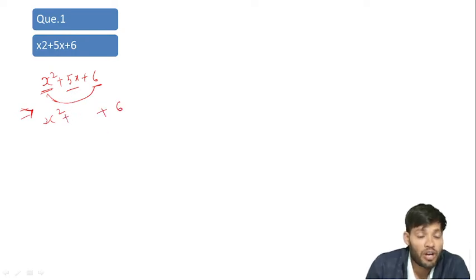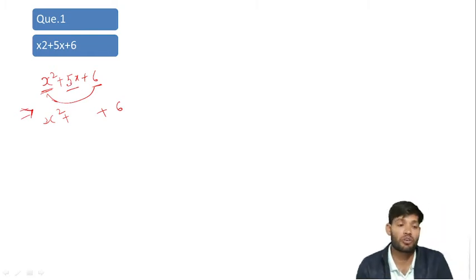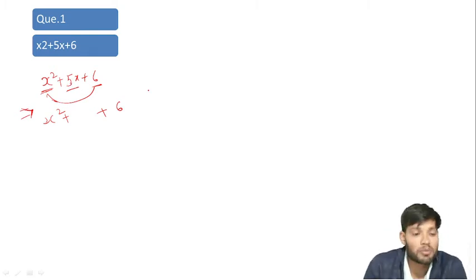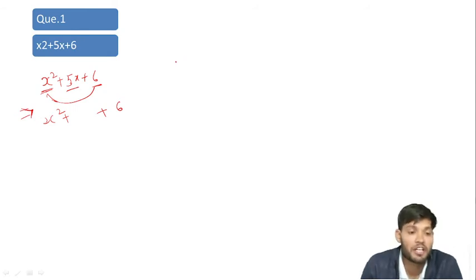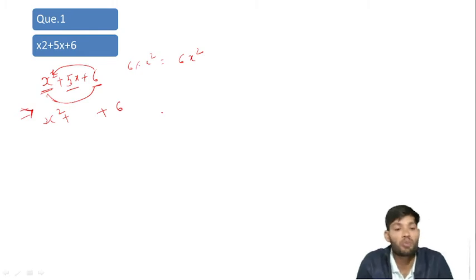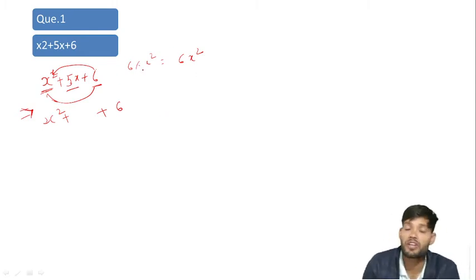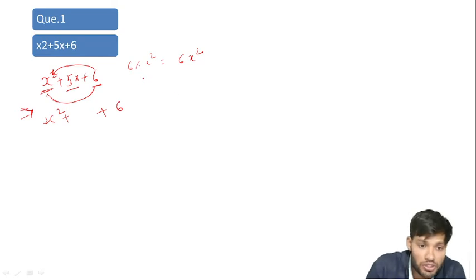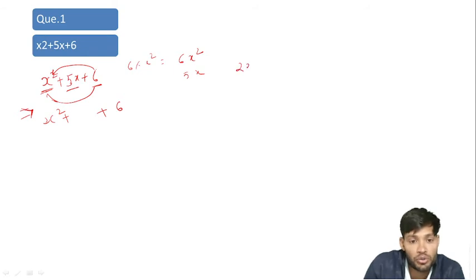Here we split 5x into two terms such that when we multiply both the numbers it gives 6x square, that is 6 into x square, and when we add them it should give 5x. So I will take 2x and 3x.